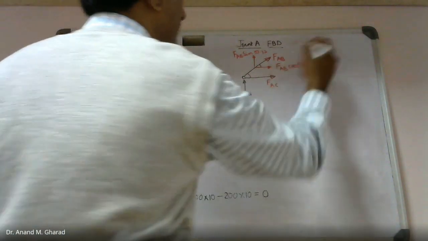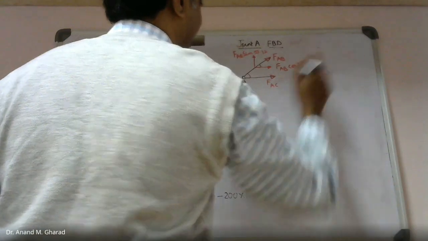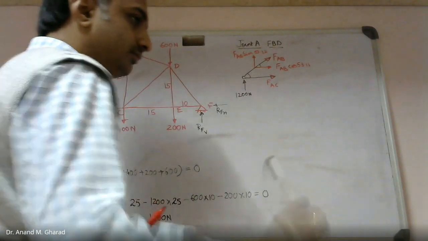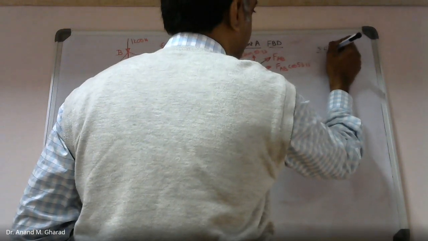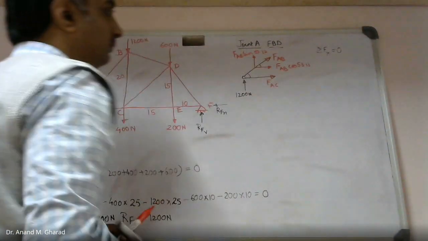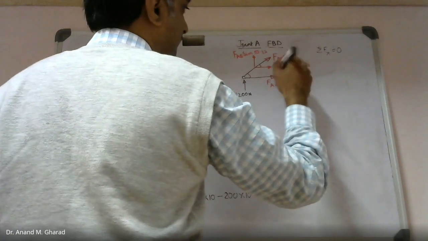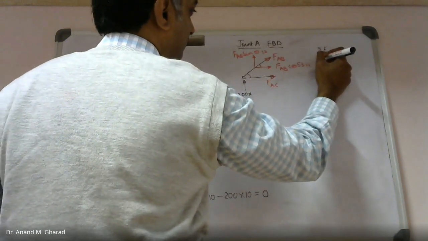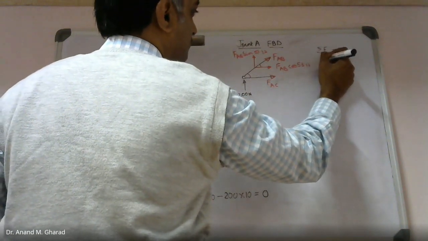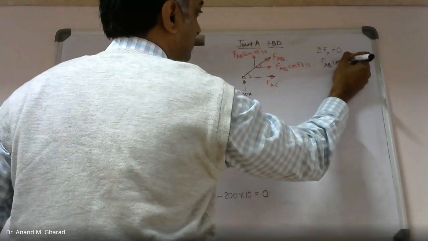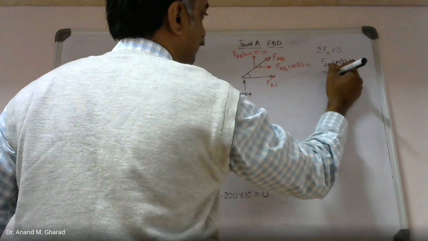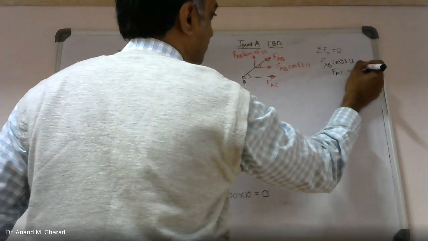So make use of equations of equilibrium. Summation of force in x direction equal to 0. So you can say force in member AB cos 53.13 minus force in member AC equal to 0.